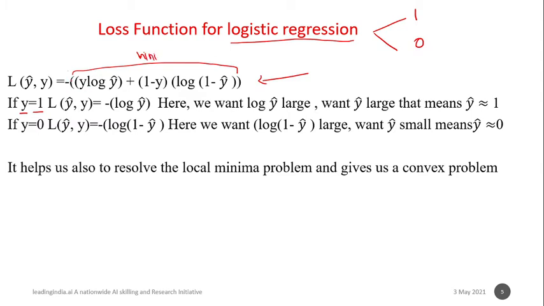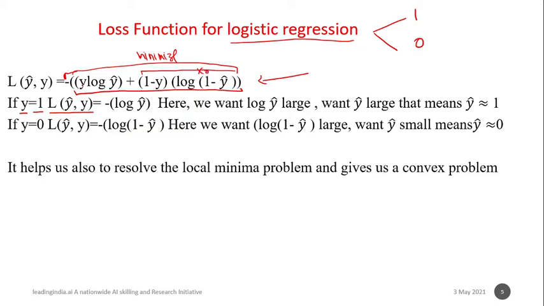If you want to minimize the overall loss, because of this minus sign, what do you have to do? You have to maximize this term. Now if you take it part by part, in the case of y equal to 1, this part will become 0, because 1 minus 1 is 0.